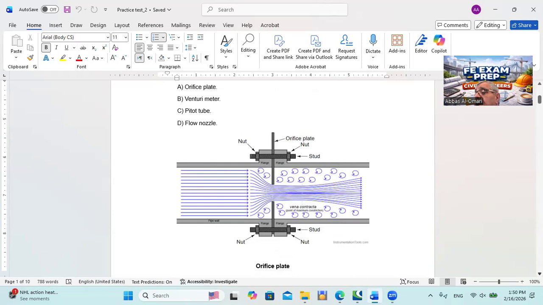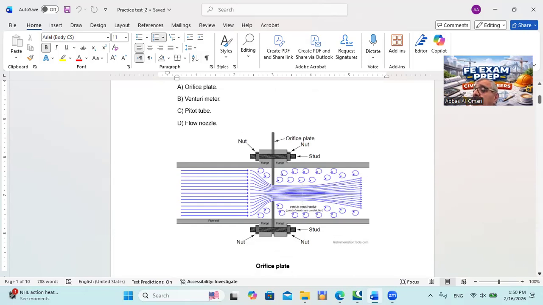As the area decreases at section 2, the throat or the orifice, the velocity increases, which increases the kinetic energy. So for the energy to remain constant, the pressure at the orifice will drop. By knowing this pressure drop, we can determine the flow or the velocity of the flow.